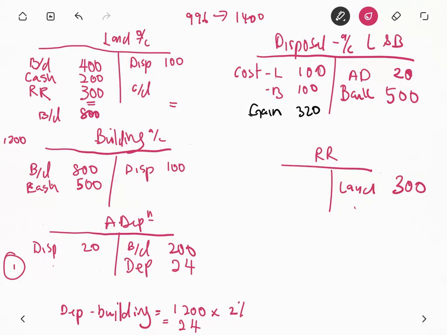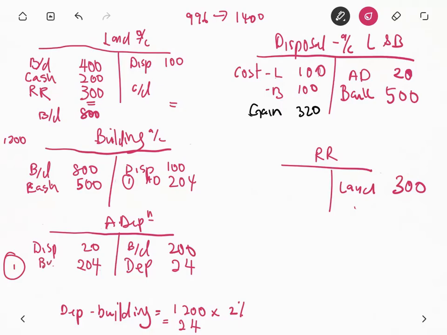So I have 204 here. Make it 0 means I debit 204. Credit building 204. Correct? Step 1. Now it is 0.